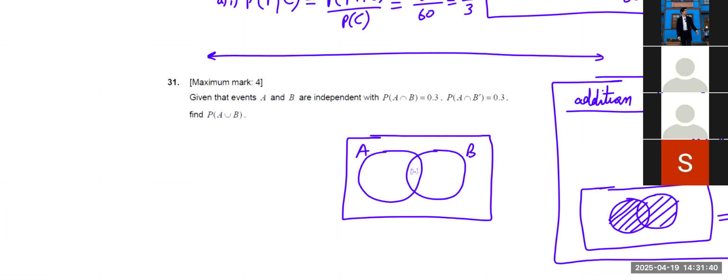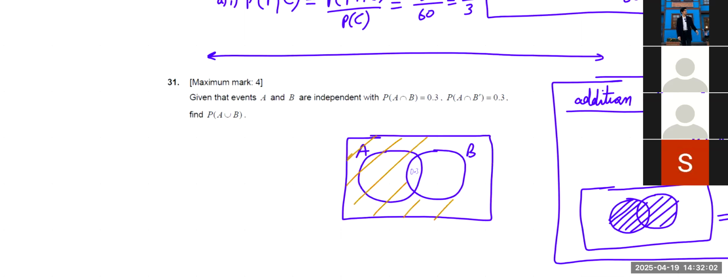Isn't it whatever isn't B? No, I'm talking about just shading the area. So which area does that correspond to? Just anything that isn't B. So all of this. No, but then A intersecting.